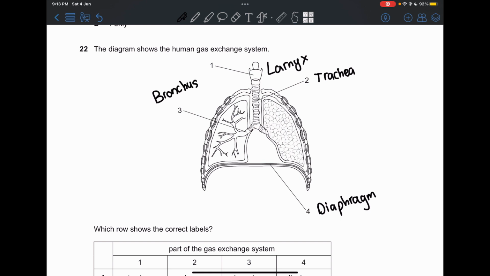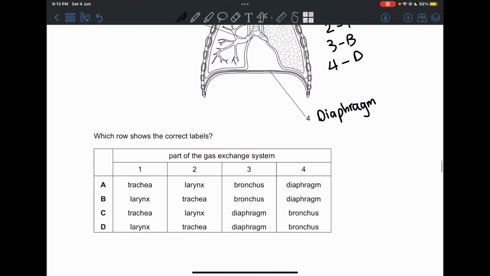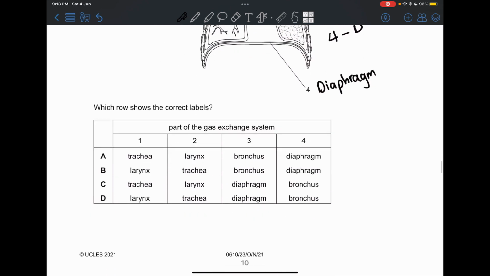So 1 is the larynx, 2 is the trachea, 3 is the bronchus, and 4 is the diaphragm.